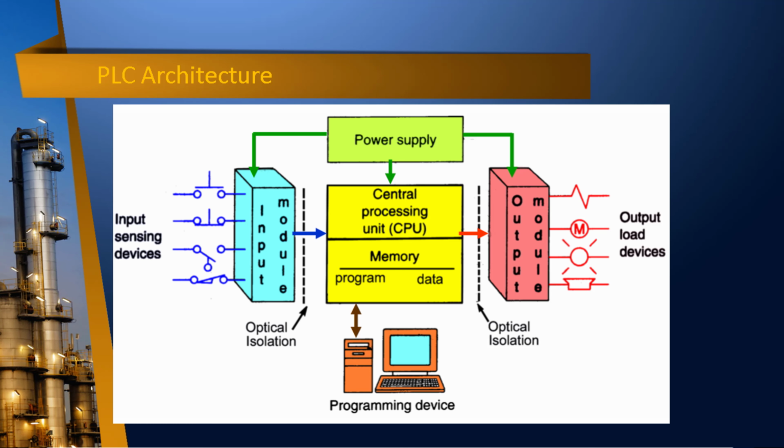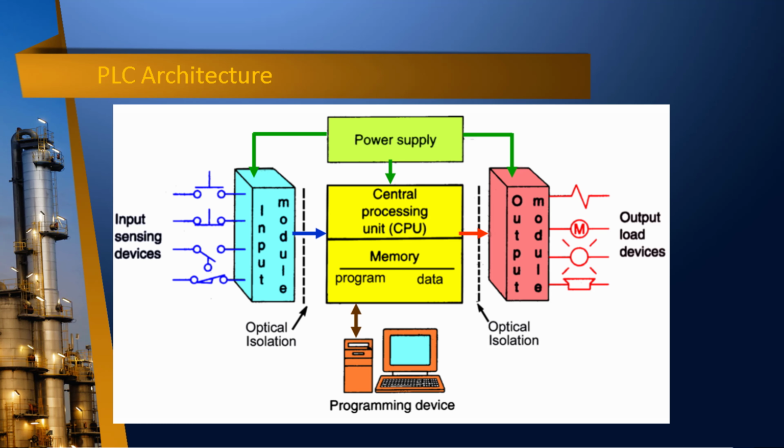So you can summarize that we have four main parts: the power supply, used to supply the input module, the CPU and the output module. The input module takes the input signal to the CPU. The CPU has a memory where we write a program.